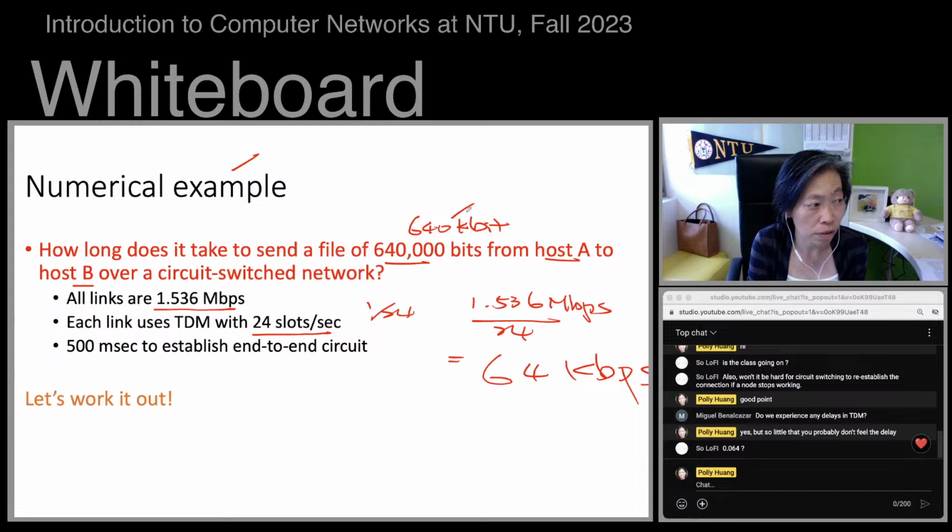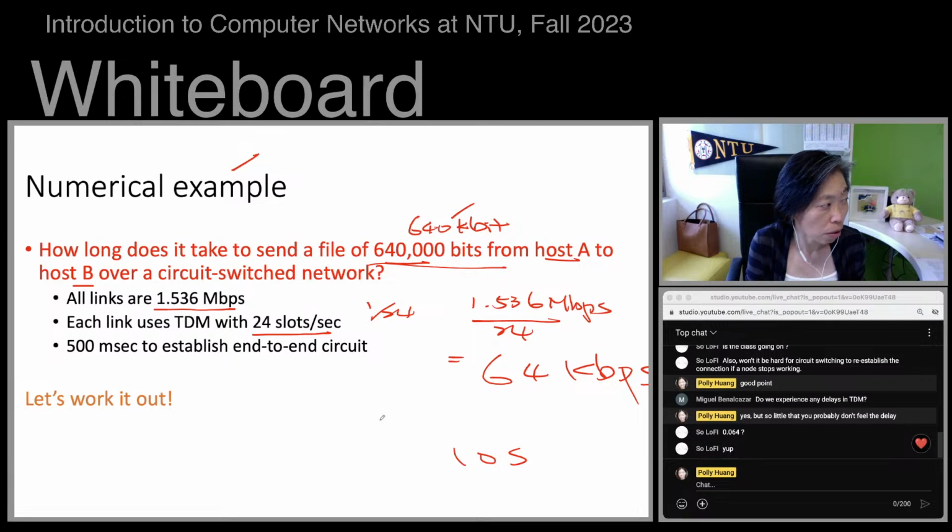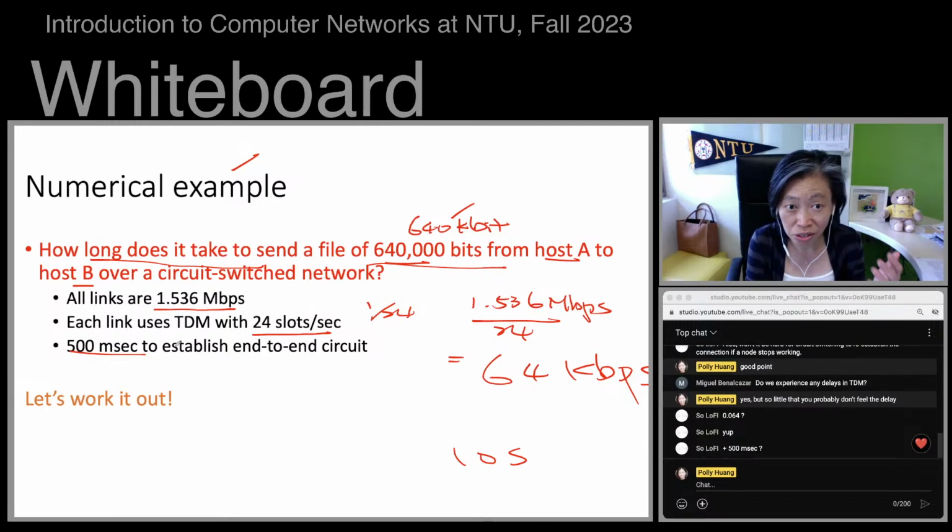Given that we have 640 kilobits to send, it will take us 10 seconds to send the whole file. But is that all the time we need to take to send the whole data when we started the initiation? No, because we also have half a second establishment time, right? So it's not just 10, it's 10.5 seconds, isn't it?